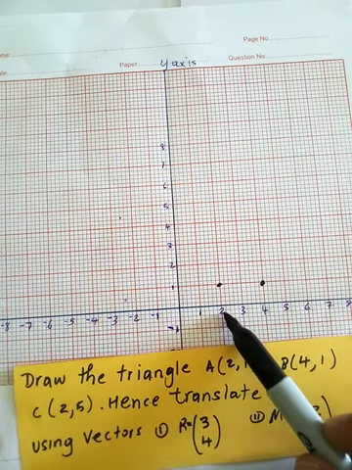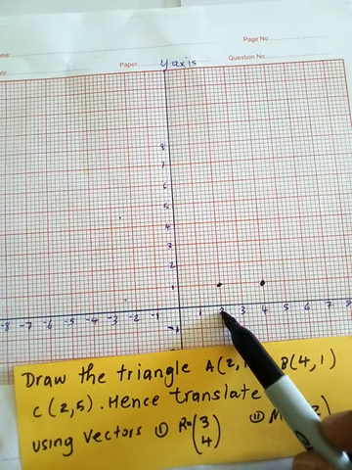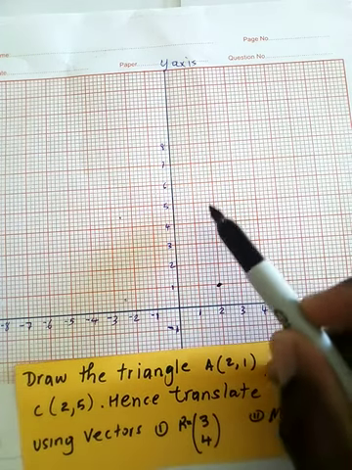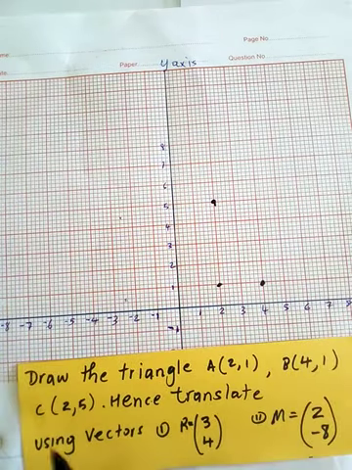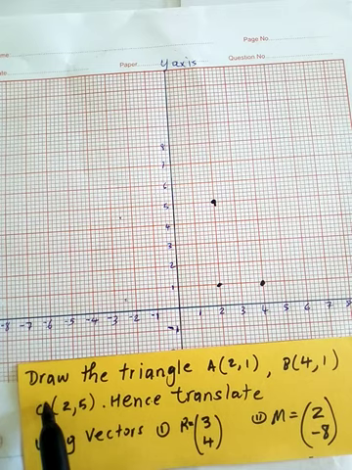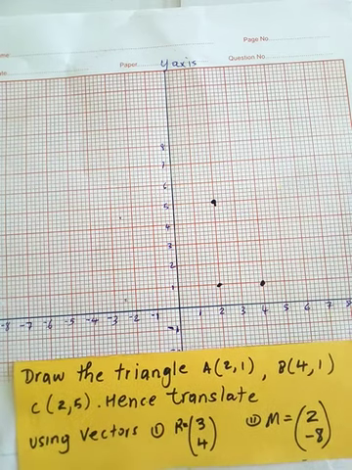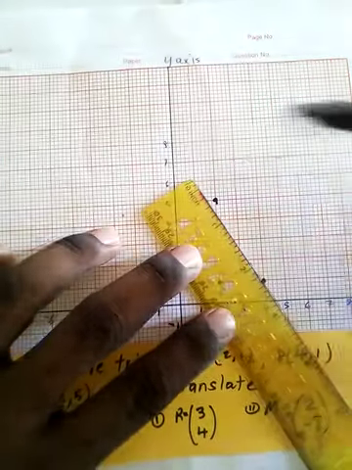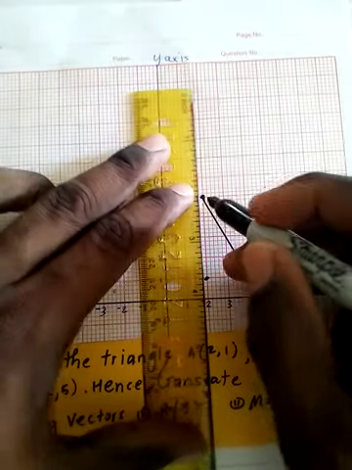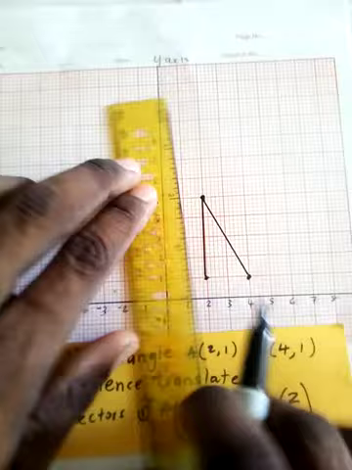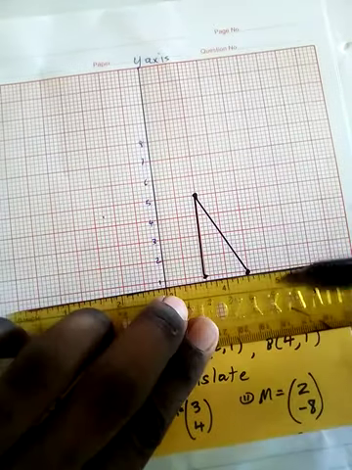So we find 2 on the x-axis, and positive 5 will be up here. And remember, student, the question tells us what we want. Sometimes it may be a trapezium, maybe a rectangle. It said draw the triangle, so you should know that you're supposed to create a triangle. All right. And remember to label your points. It's important to label your points.